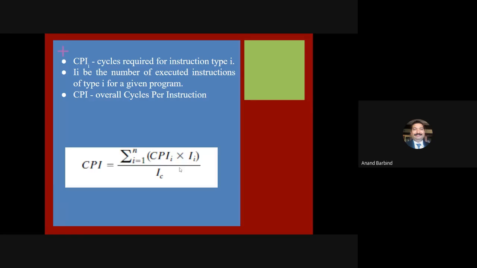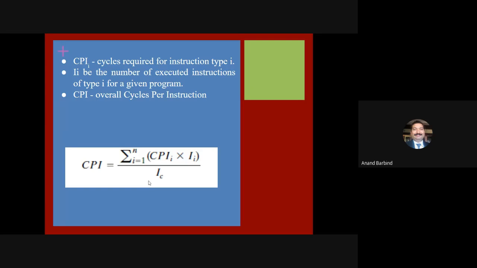You may have I1, I2, I3 up to In. I1 is the number of instructions of type 1, I2 is the number of instructions of type 2, I3 is the number of instructions of type 3. Like this, there are n types of instructions, and that is the count.